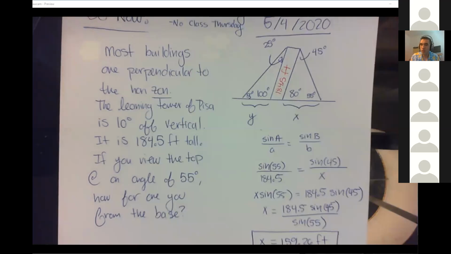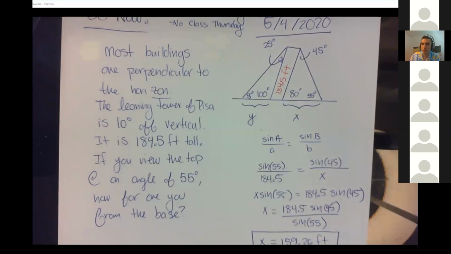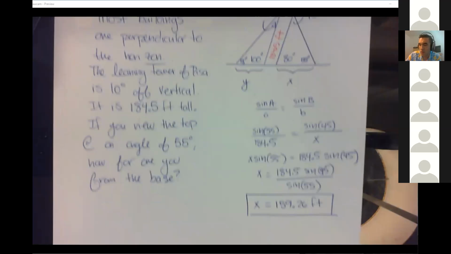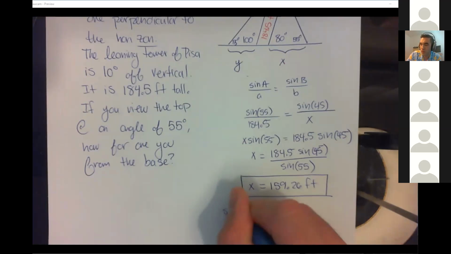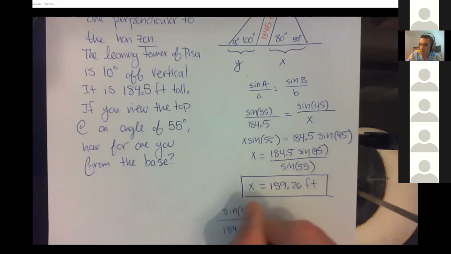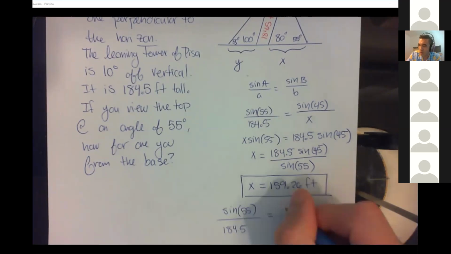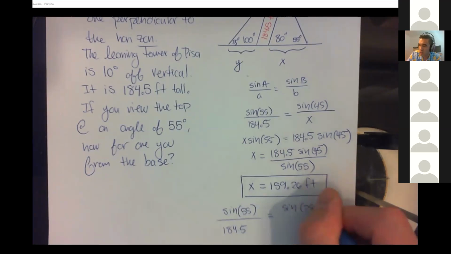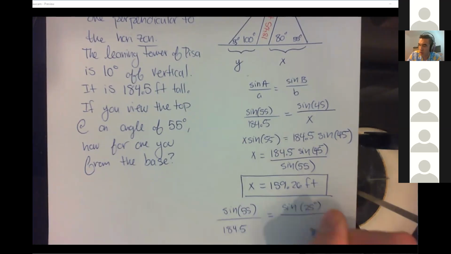And so we'll set up the law of sines exactly the same. Here's the difference. It's still going to be sine of 55 divided by 184.5, except now this is going to be equal to sine of 25 degrees, then divided by our unknown length y.